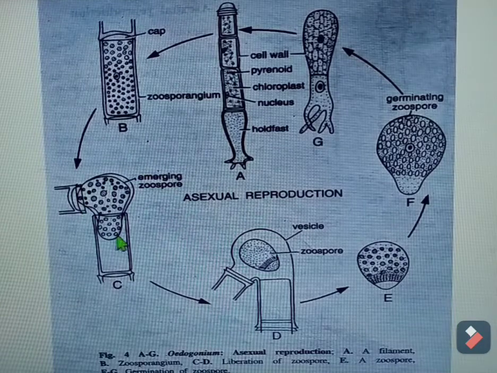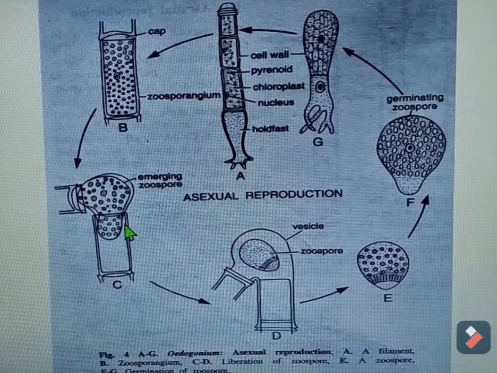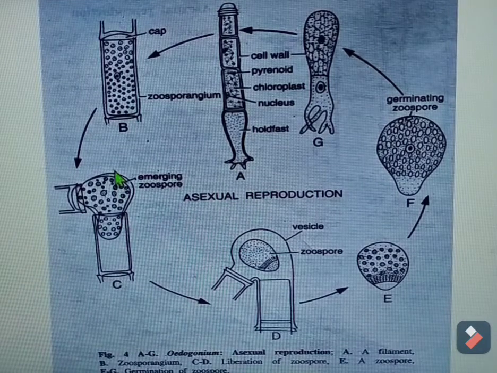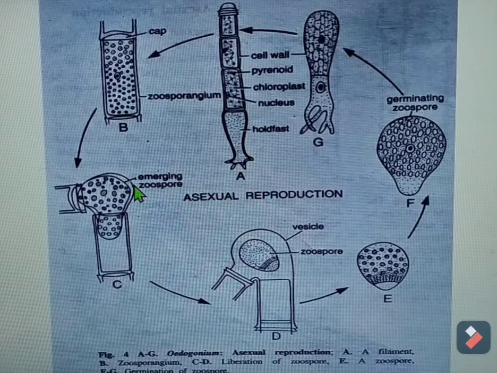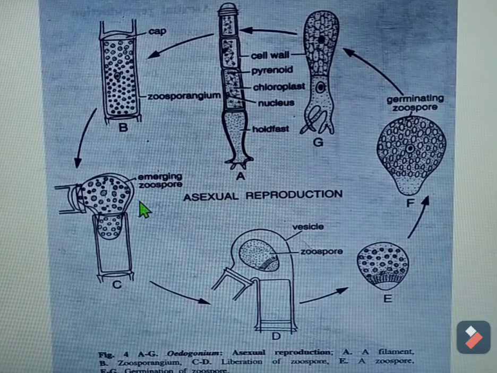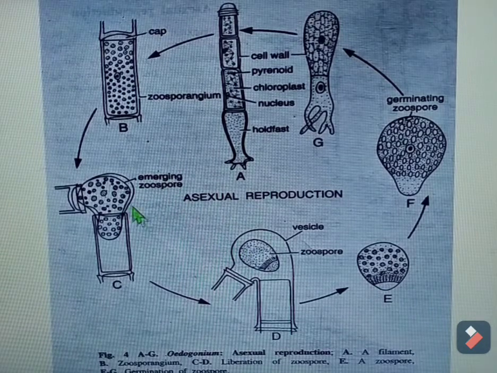As you can see here, it has already contracted, and a small lens-shaped translucent hyaline area will develop, which will eventually become the anterior end of the zoospore. Now at the base of this hyaline area, what happened?